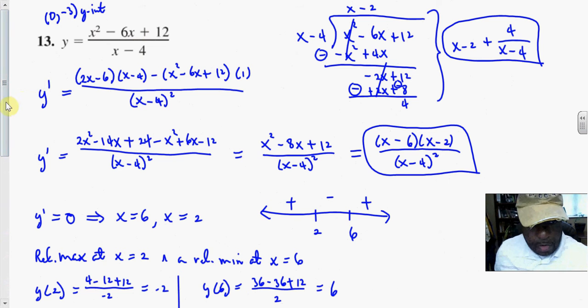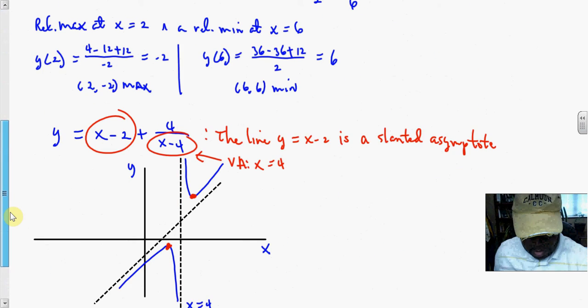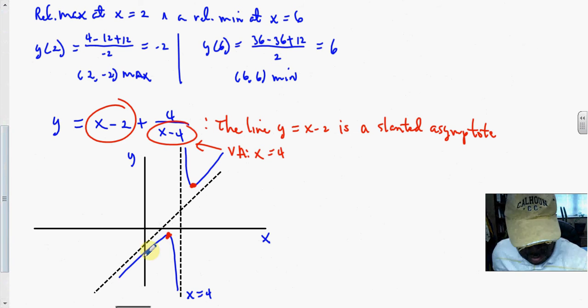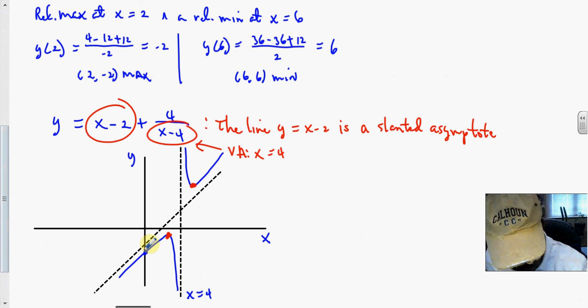The x-intercept is imaginary, so this is the point 0, negative 3, and it's right up under. This is the line. This point here is negative 2 for y, right? That's the slanted asymptote, the line y equal to x minus 2.